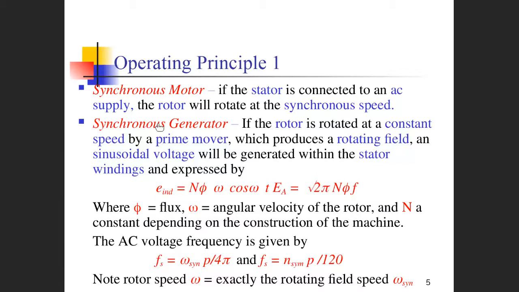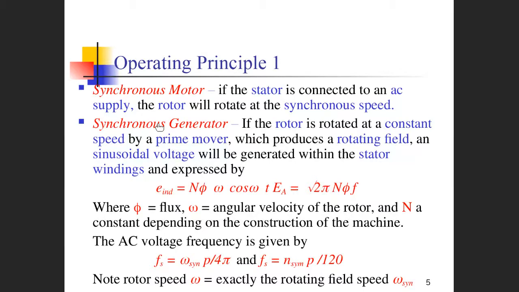Both the primary and the secondary have exactly the same frequency. So the input electricity has a frequency, say 50 Hertz, and the output electricity at the secondary also has 50 Hertz, exactly the same. That's synchronous. Now, in the motors, we have two types of motors.